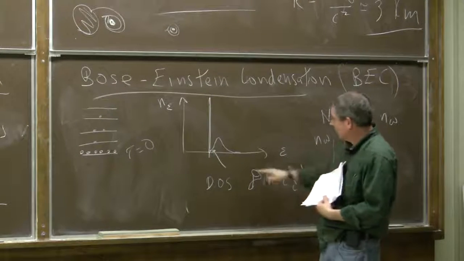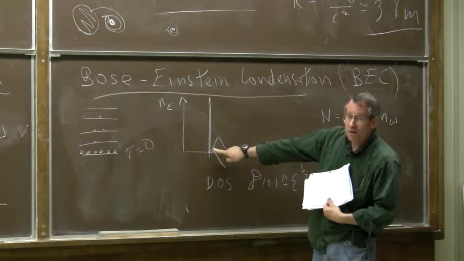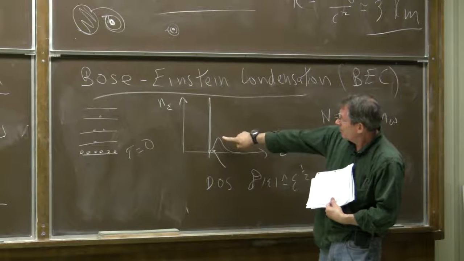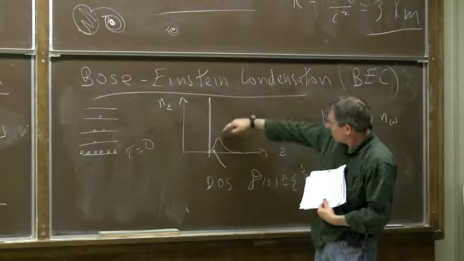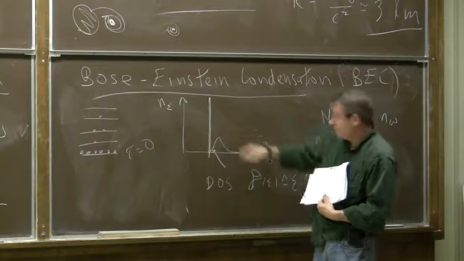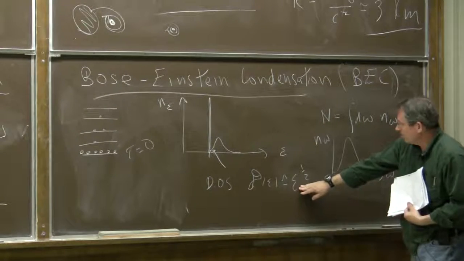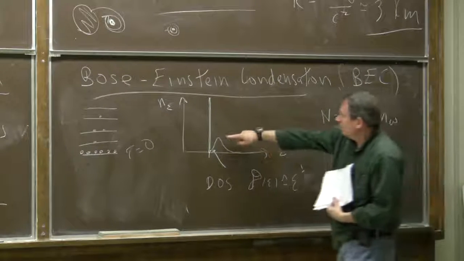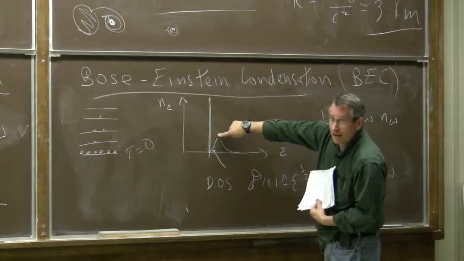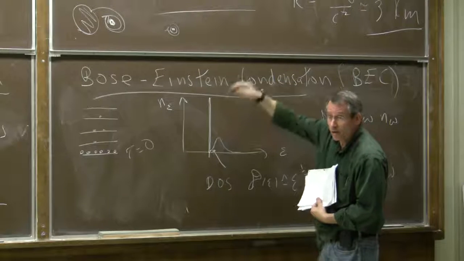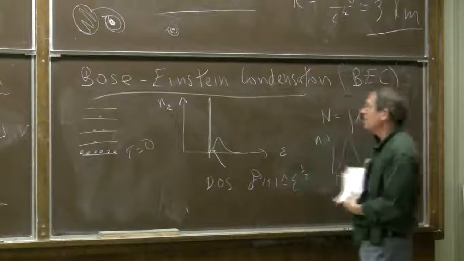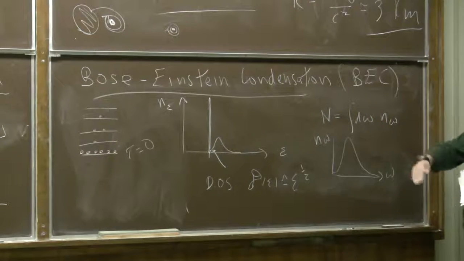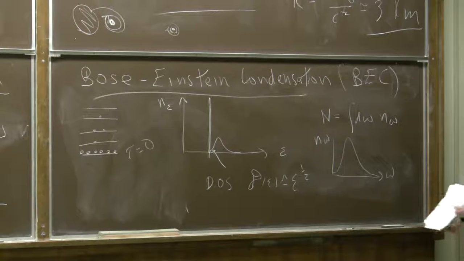There just aren't as many orbitals, so there aren't as many particles per unit energy. Then there's some energy range where it has a peak, because there's a trade-off. When we increase the energy, there are more orbitals, but eventually the energy is getting large compared to the temperature, and the Bose-Einstein distribution function is starting to suppress the particle number per orbital. So we get a picture that looks like that.